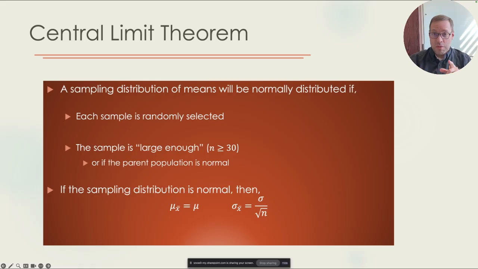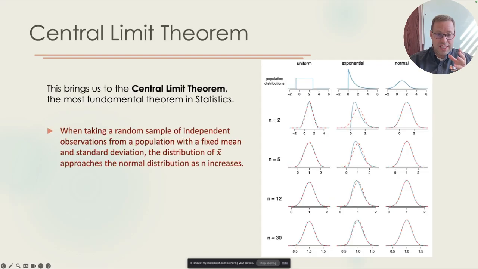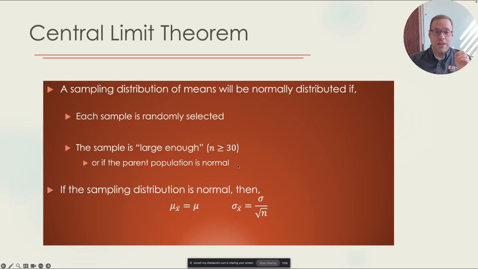Second, now go back and look at the wording of the central limit theorem and you'll see why this is needed. Second, the sample needs to be large enough. Large enough for the sample to become normally distributed. How is that worded? For the distribution of means to approach the normal distribution. Okay, so the sample needs to be large enough. In other words, your sample size needs to be at least 30.